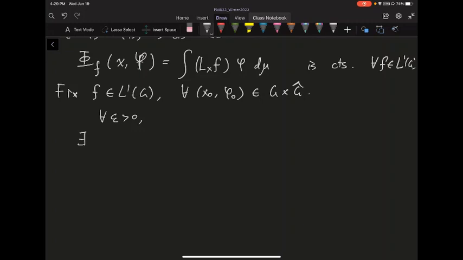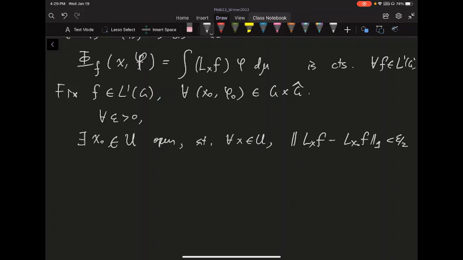In any case, because it is continuous, there exists an open neighborhood U of this x0, so that for all x inside U, the one norm of Lx of f minus Lx0 of f is less than epsilon over 2. That's simply because the left translation is continuous on the L1 space.